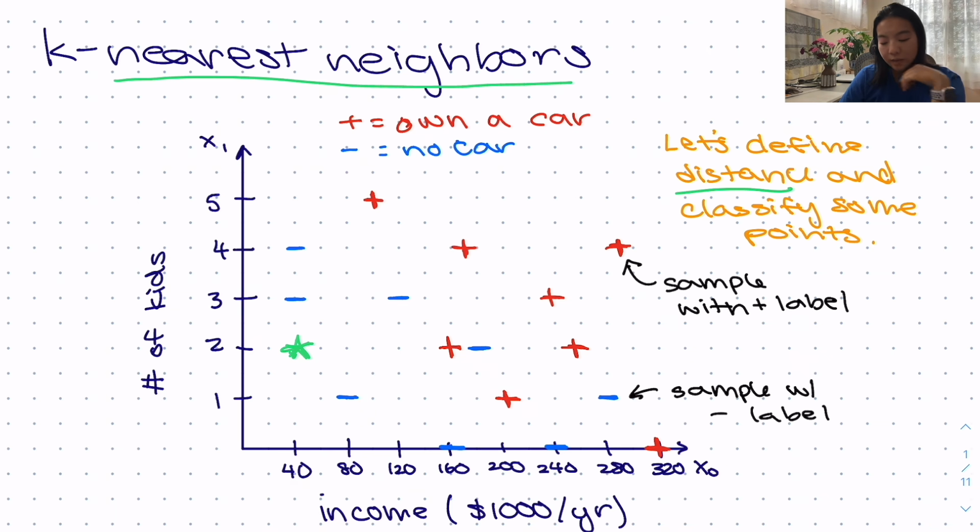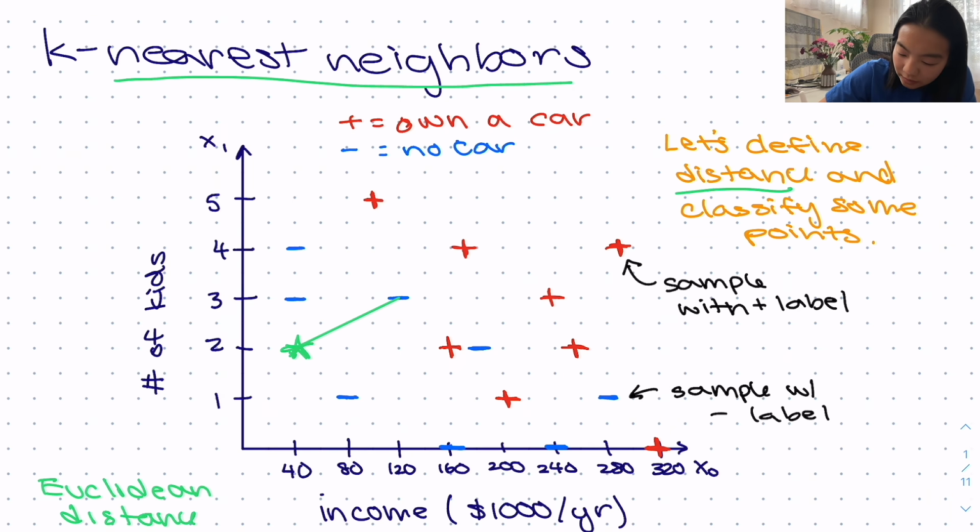So the first thing we have to do is define a distance function. And a lot of times in 2D plots like this, our distance function is something known as Euclidean distance. And Euclidean distance is basically just this straight line distance like this.